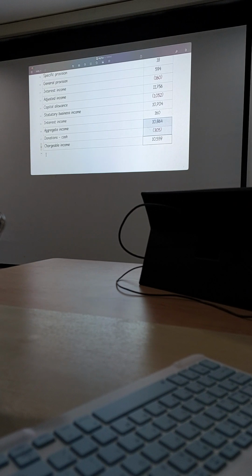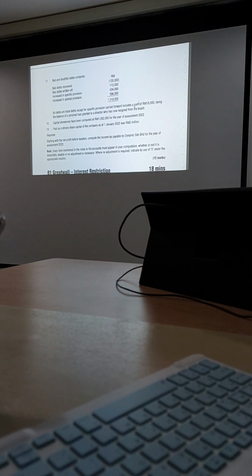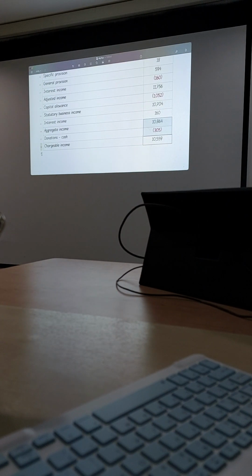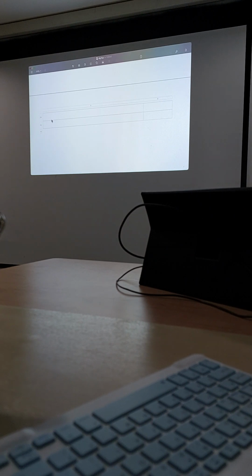Are you okay? Now, the other part here: paid up ordinary share capital is 2 million. If at 1 January it is 2 million, what is the income tax? The 15%? 15, but 17%. We'll do the first 100k at 15%.